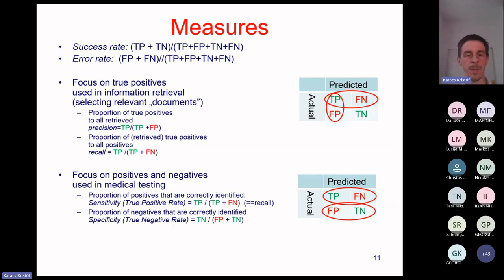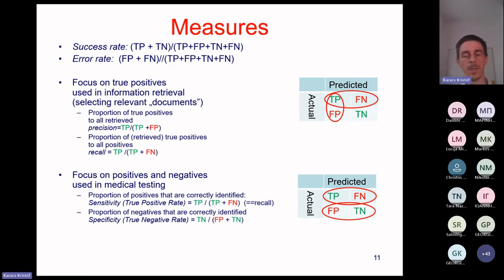In this case, we are comparing true positive to the positively predicted cases, and then we are, sorry, I was wrong. This corresponds to the horizontal ellipses.